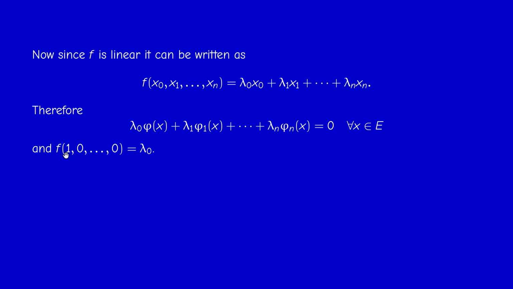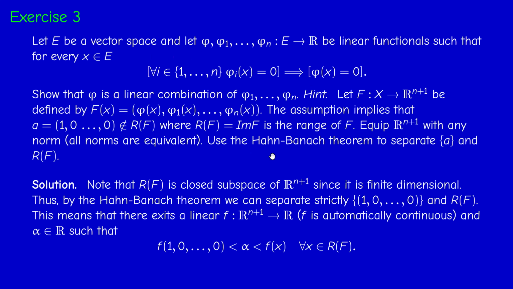And now if I evaluate f at the point 1, 0, 0, I just get lambda 0. But by the separation property, f of 1, 0, 0 is less than alpha. So lambda 0 is strictly less than alpha, and the right-hand side is just 0, actually, according to what we said.